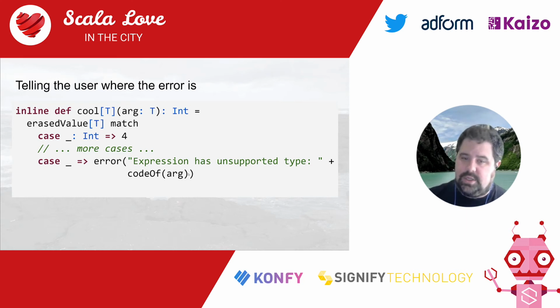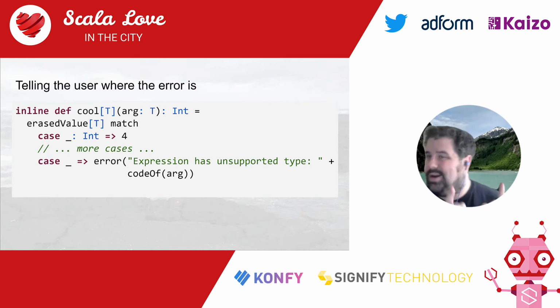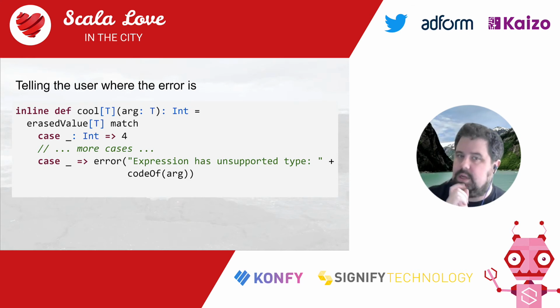I can actually use this compile time code of combinator to give myself the position in code where this is, and then this error is going to report against that argument so that the user is going to get an error message closer to where they inlined. Now, I have not shown you a single macro. I have not shown you any kind of syntax tree manipulation yet. This is all just built-in methods in the inline zone.